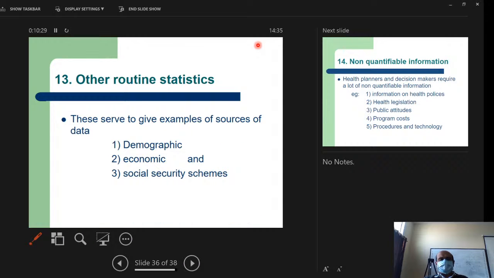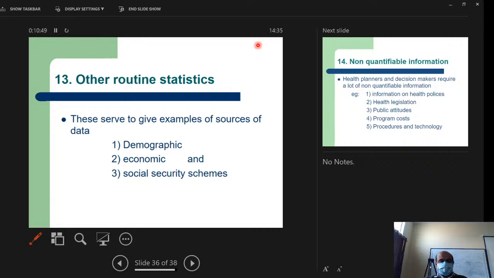Now, other routine statistics serve to give examples of sources of the data, like demographic data, economic data, and social security system schemes.